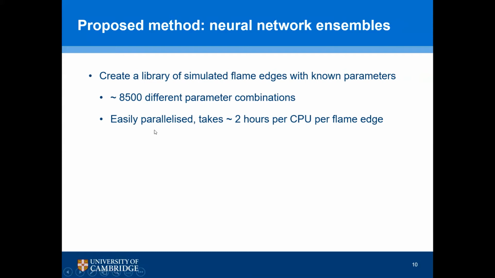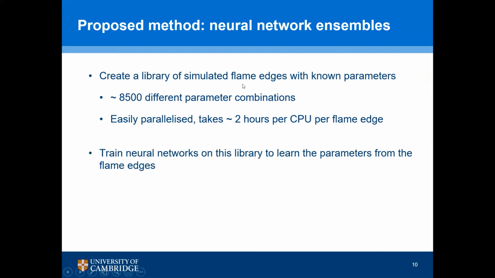And this process is easily parallelized and takes approximately 2 hours per computer core per flame edge. We have access to a computer cluster, where we can parallelize this method and produce hundreds of flame edge sequences per hour.